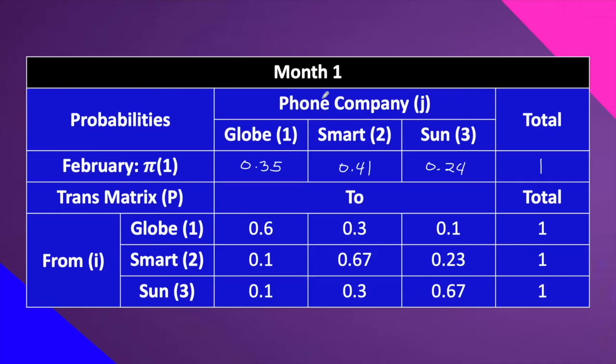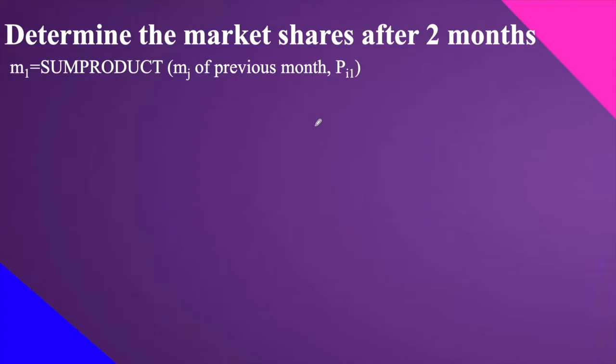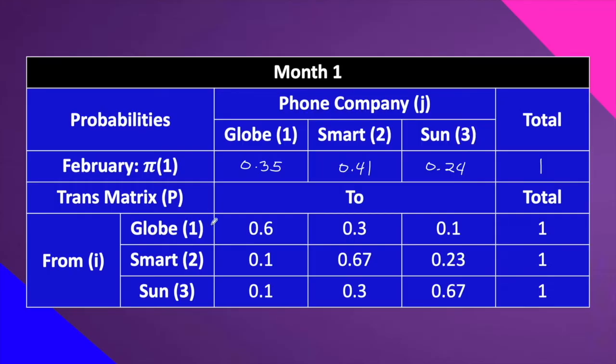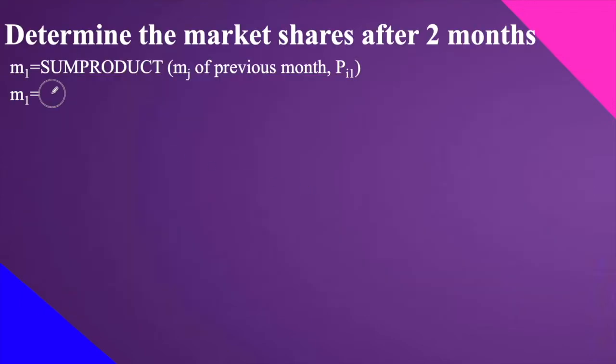Okay? So, let's start. Sum product, M sub J of the previous month, and the P sub I, ito yun, sub 1. And that is 0.35 multiplied to 0.6. Let's have it here. 0.35 multiplied to 0.6.